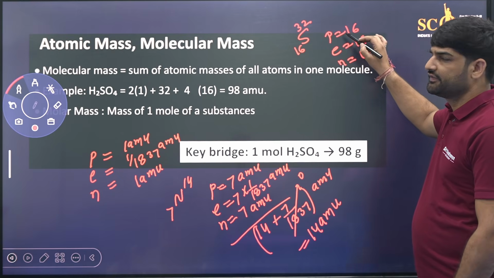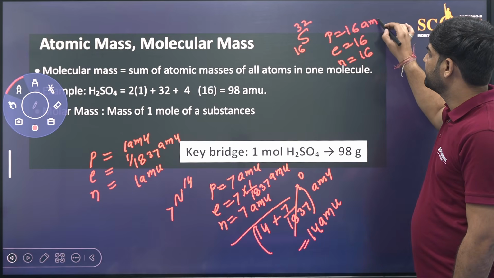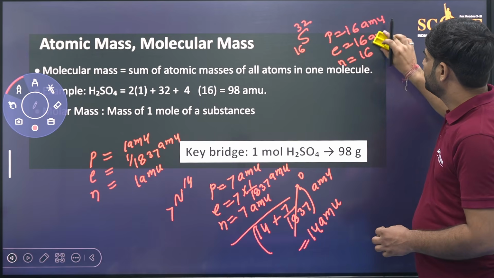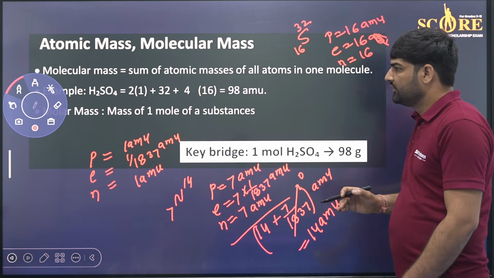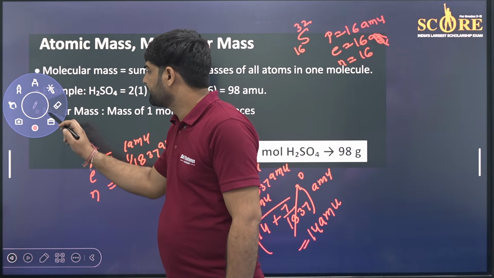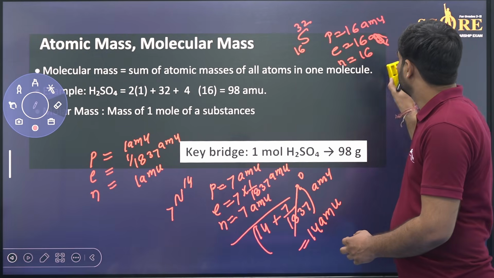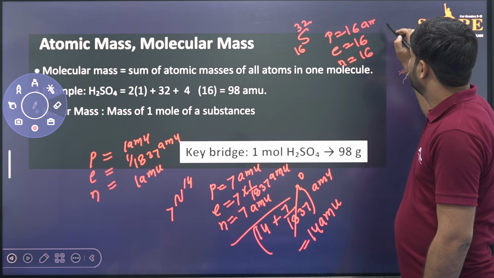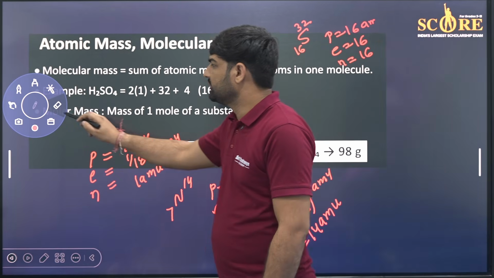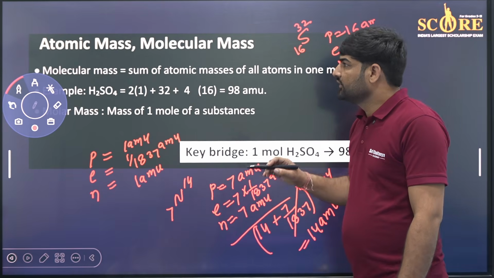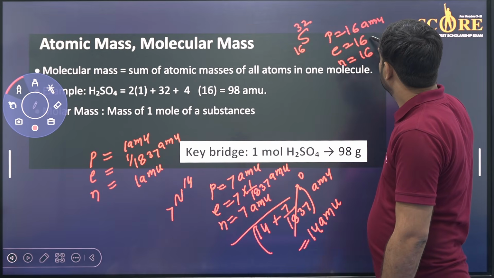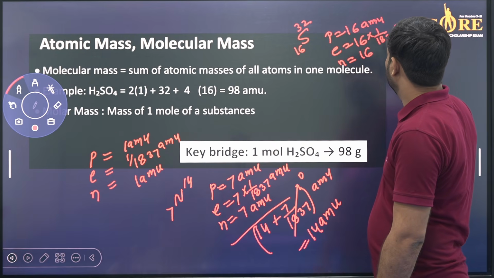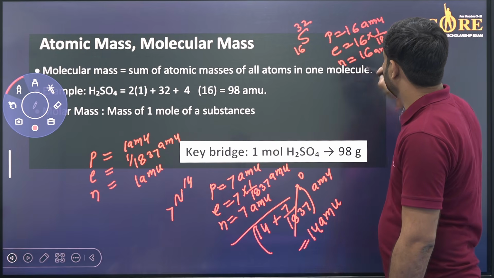We know the mass of a single proton is 1 amu. So the mass of 16 protons will be this. For the electrons, the mass of an electron is 1 divided by 1837 amu, so 16 electrons will be 16 divided by 1837 amu.